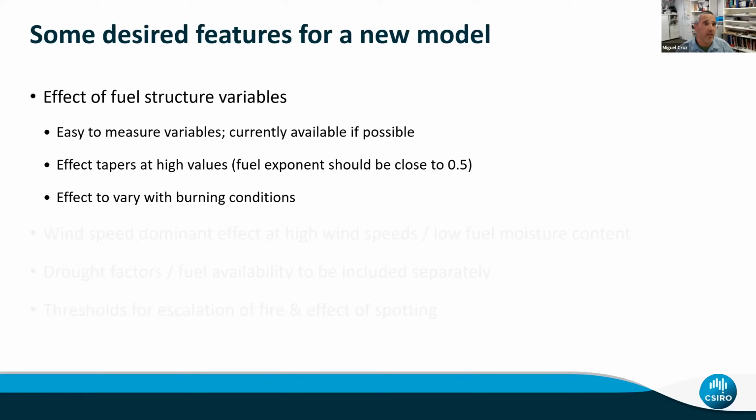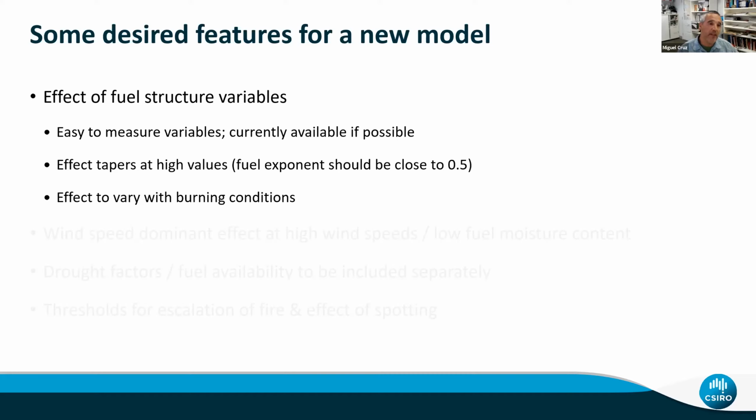Another aspect we wanted in the model is that the effect of the fuel variables is going to taper at high values. This means that, as an example, if you think of the difference between fuel load of 5 to 15 tons per hectare and 15 to 25 tons per hectare, you know that from 5 to 15, rates of spread increase much faster than from 15 to 25, just because fuel is not limiting, right?